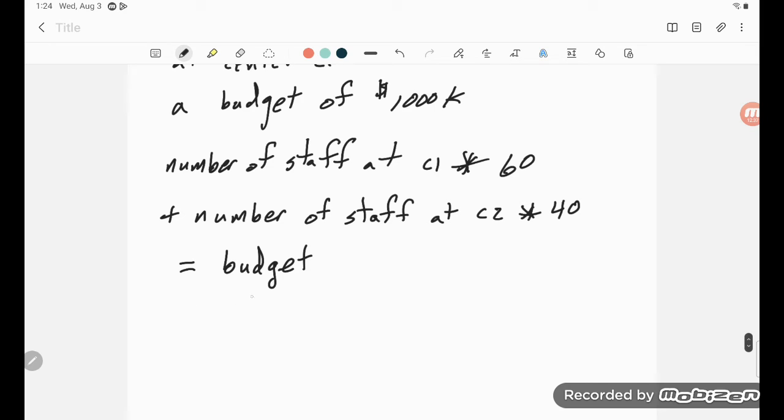Well, so I'll write the number first, so 60S1 plus 40S2 is equal to 1,000. So there's another equation.